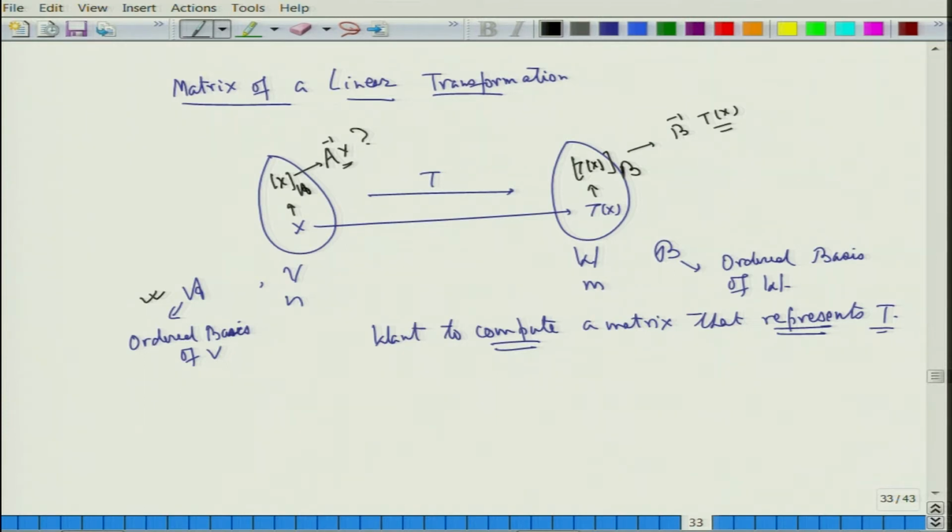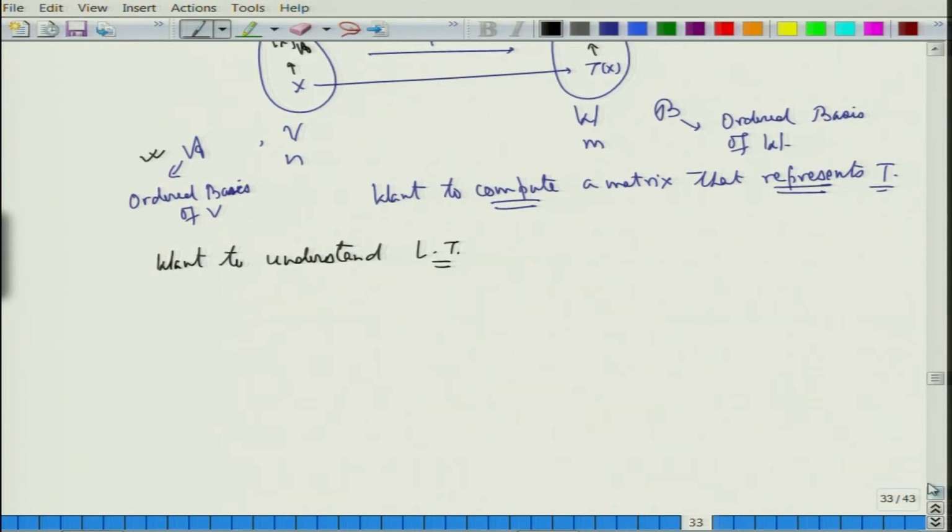Fine. So let's try to understand what we are trying to do. I want to understand the linear transformation. Fine. So let's do it slowly so that you understand it.